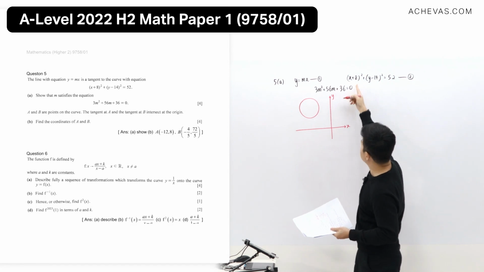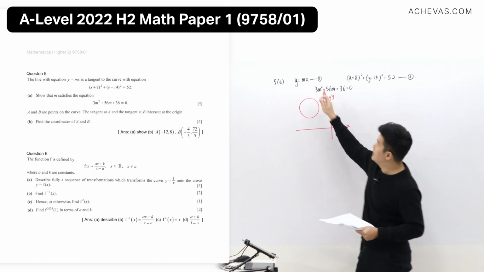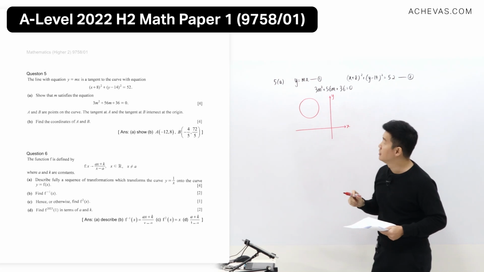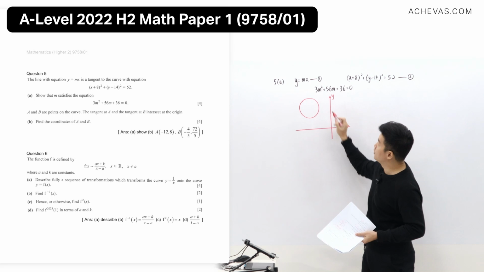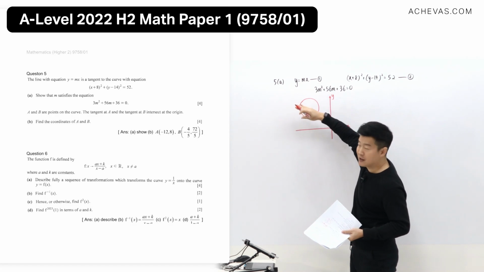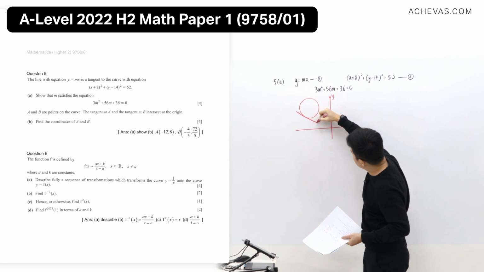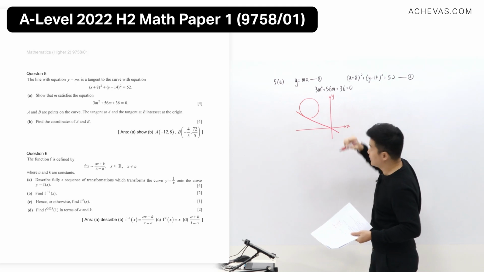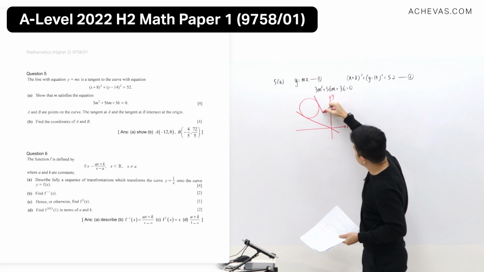So the center is at (−8, 14). And if I were sketching a tangent, and we know that this tangent is going to be passing through the origin, so if we were sketching this linear line such that it is a tangent to this curve, it is going to be either here, so it will pass through the origin, or it will be somewhere here.